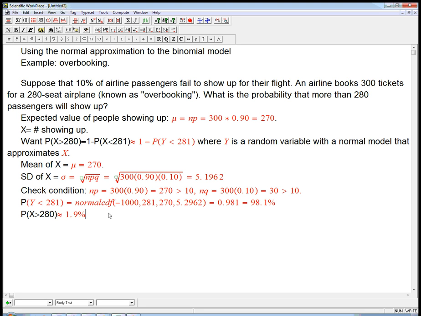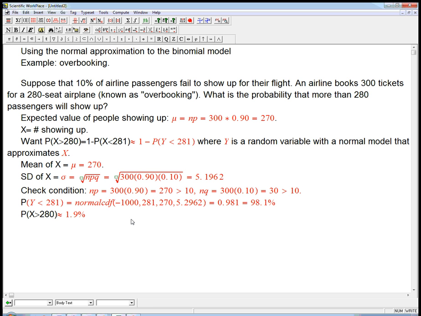Now let's look closely at whether we should use 281 or 280, or less than or equal to. The normal distribution is a continuous distribution, so it would actually make sense to use 280.5, 280.9, or 281.5, and there are various opinions about exactly how you choose this. The main thing is that when the numbers are big enough for these approximations to be good, it's not going to make a big difference.